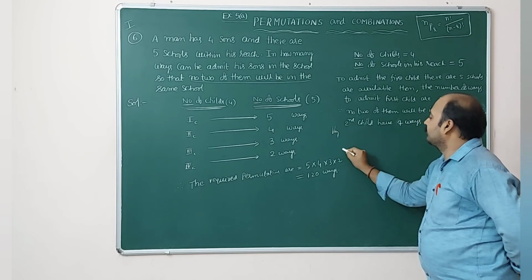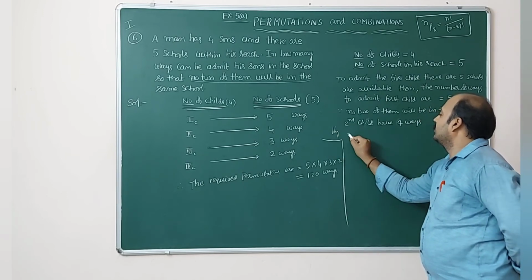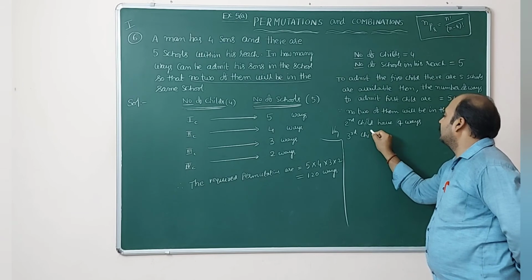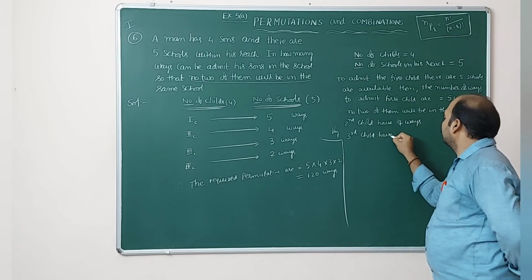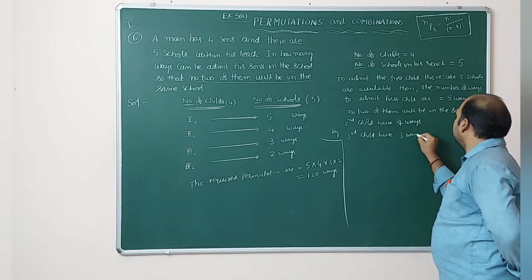Similarly, the third child has 3 possibilities.